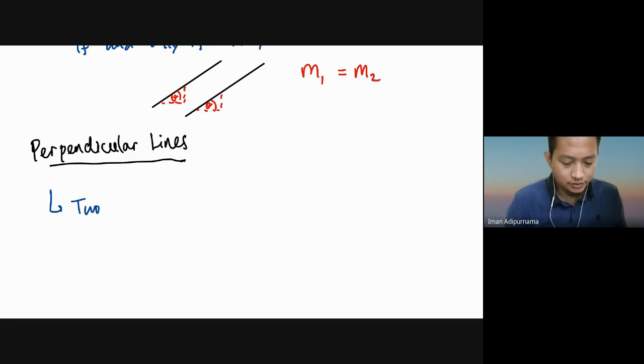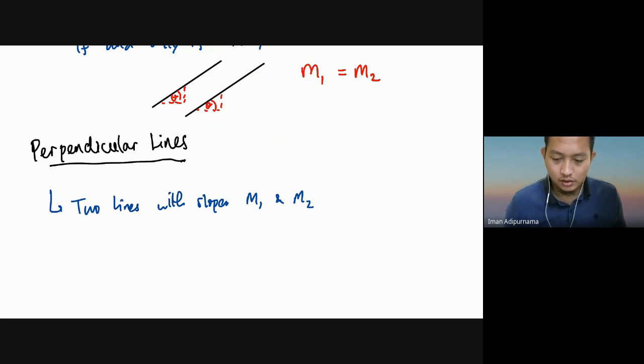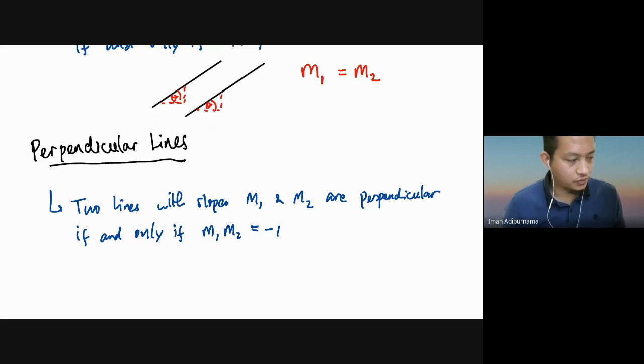So when you write two lines with slopes m1 and m2, they are perpendicular if and only if m1 multiplied by m2 is negative one.